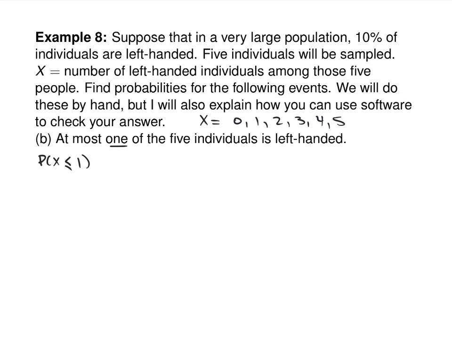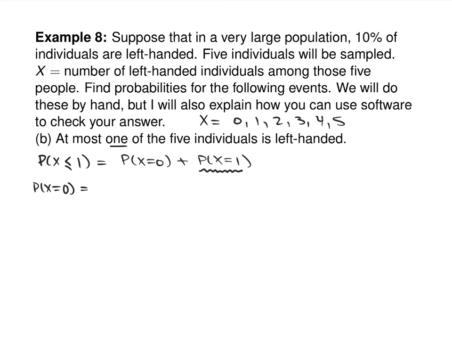Now the ways that x can be less than or equal to 1 is either x can be 0, or x could be 1. We found this one in the previous example. So let's just work on finding this one, x equals 0, and then we'll go from there.